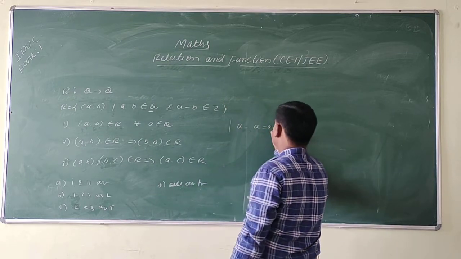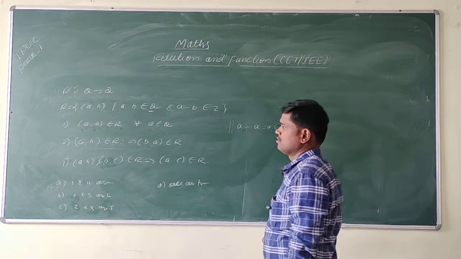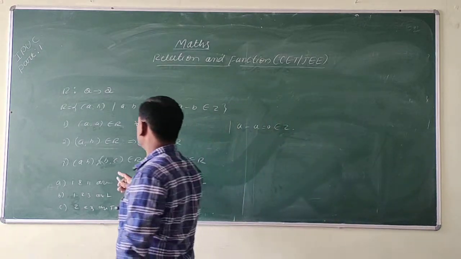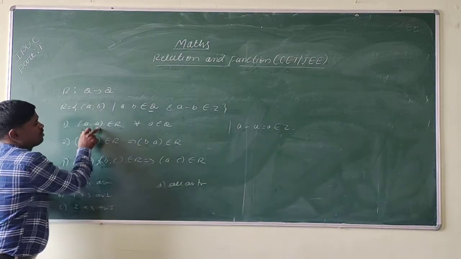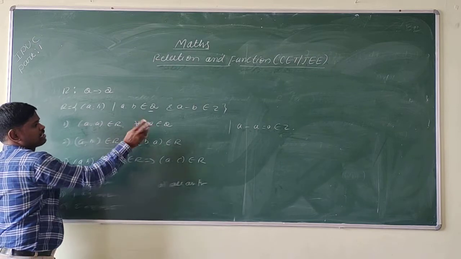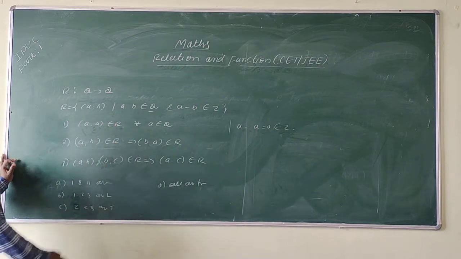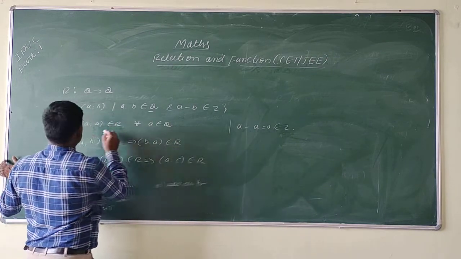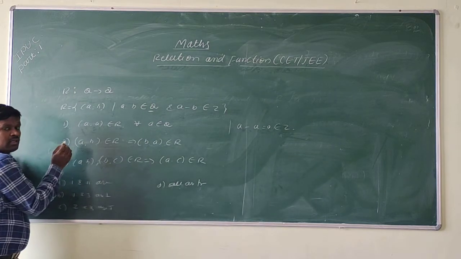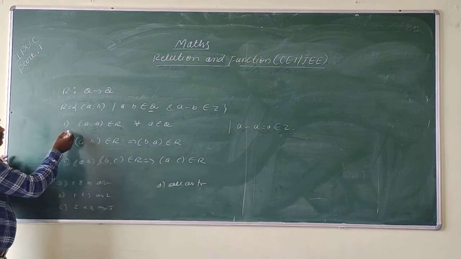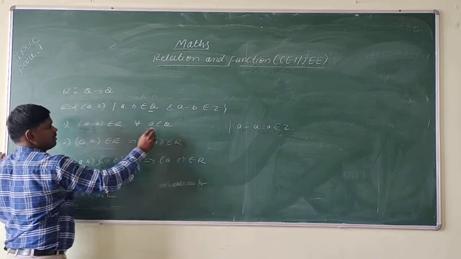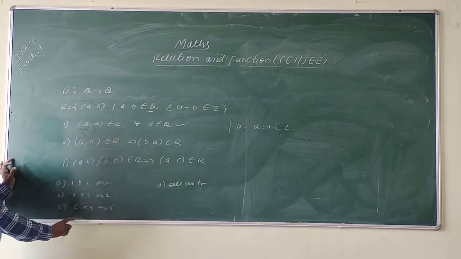So if we subtract any number from itself we get 0, which belongs to the integers. Therefore, the first statement is true.